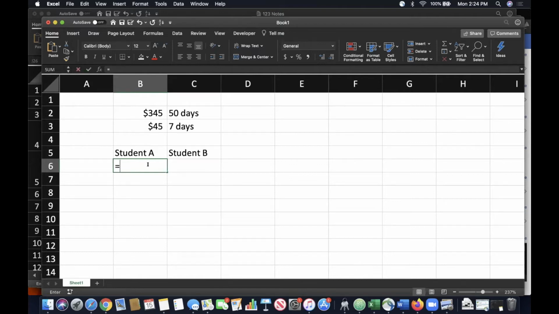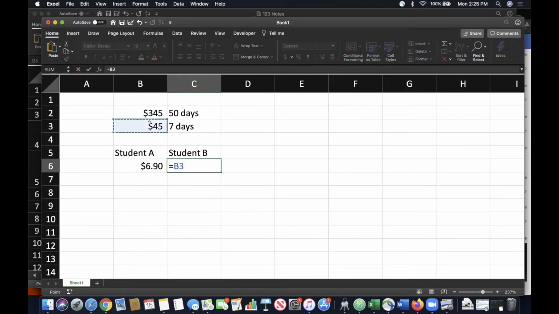So if you look at student A, it ends up being $690, and if you look at student B, it ends up being $643, right? And so from who's doing better perspective, we would say student B is doing better because they're spending less on food every week.